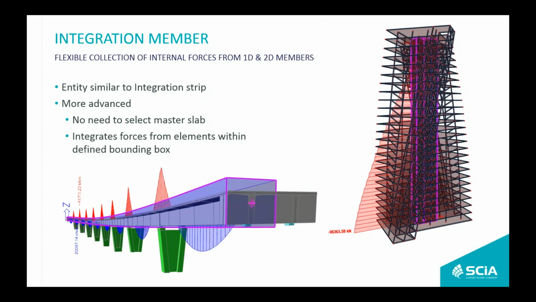In more advanced cases you can use it for, let's say, bridges that are modeled solely out of 2D elements. The integration member allows us to see the bending moment in the same way as it would be a beam.